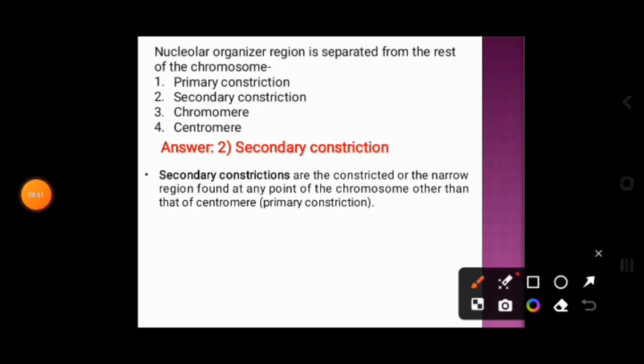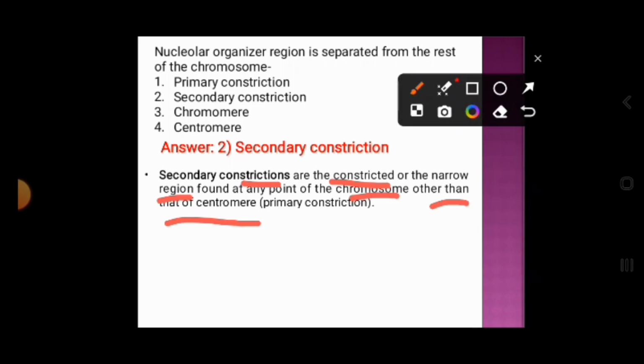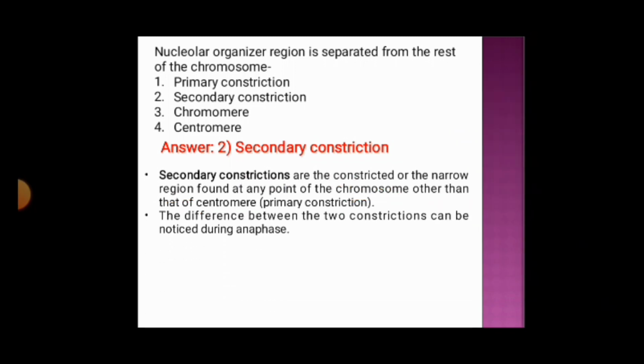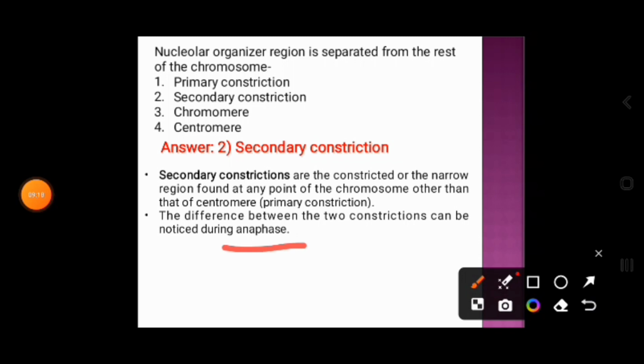Secondary constrictions are constricted or narrow regions at any point of the chromosome other than the centromere. The centromere is known as the primary constriction. The difference between these two constrictions can be noticed during anaphase.